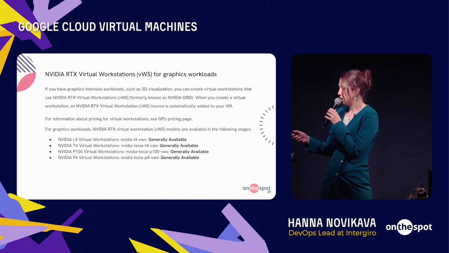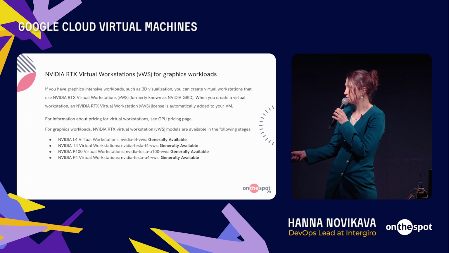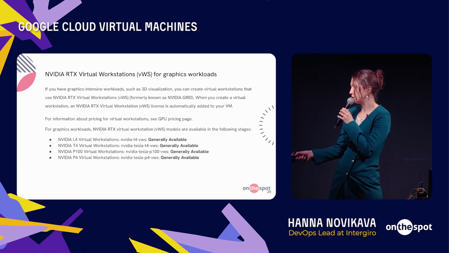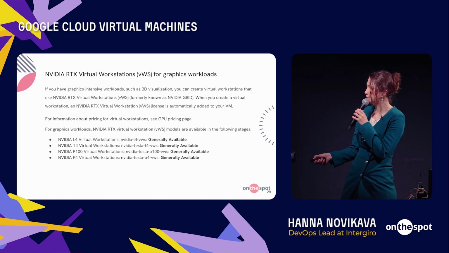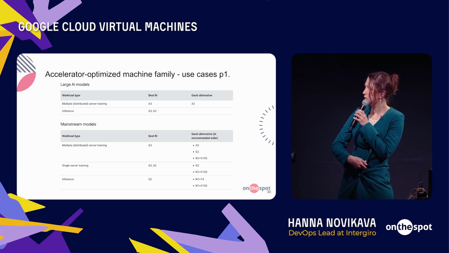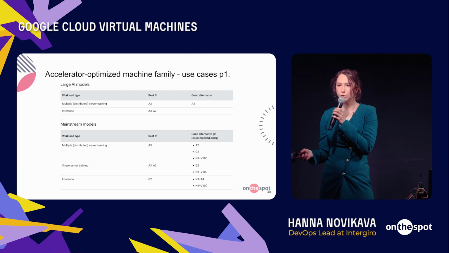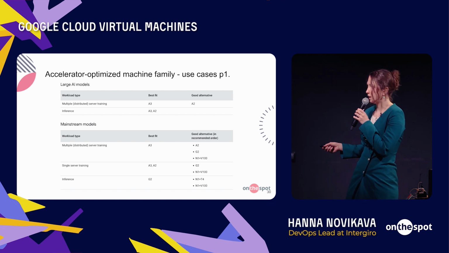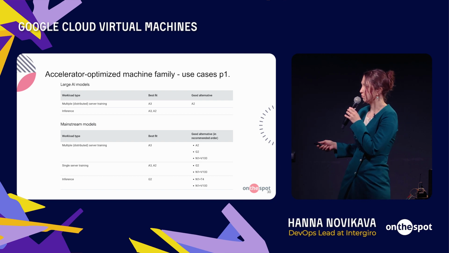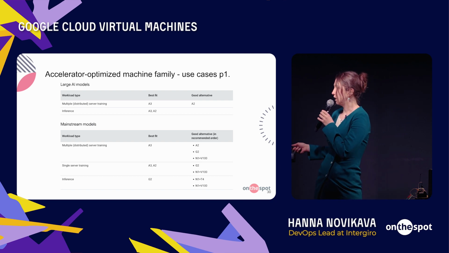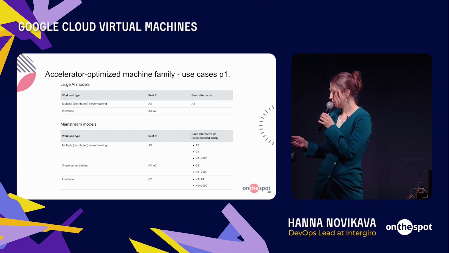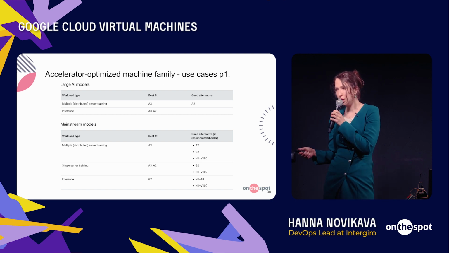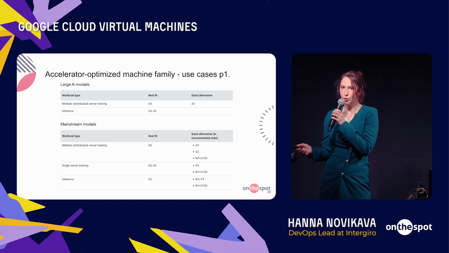So you can see here some types, virtual workstations, and other things. Google Cloud also provides the best fit for some models and other tools, and you can always use the documentation and choose the best type for your task.